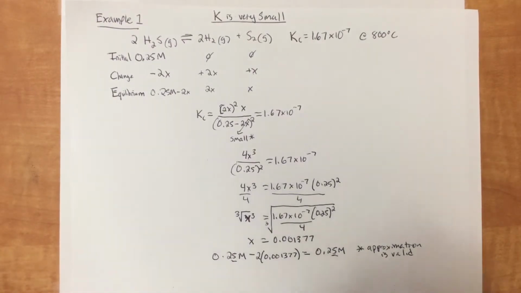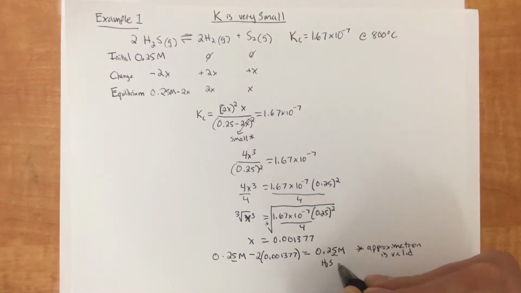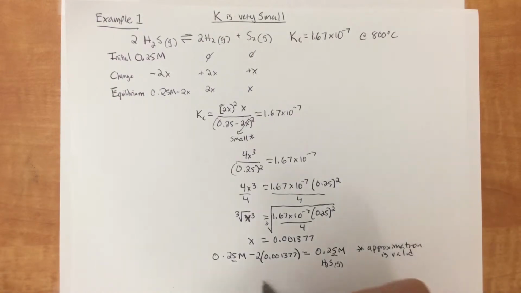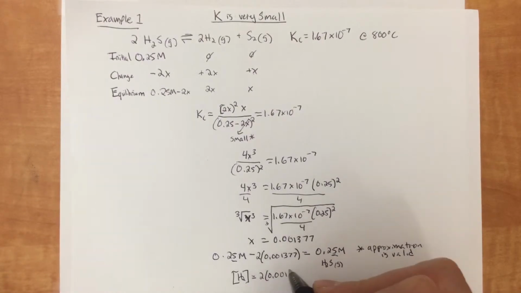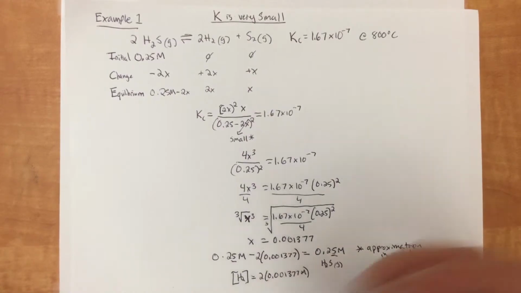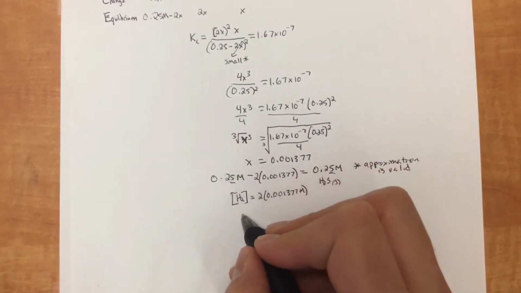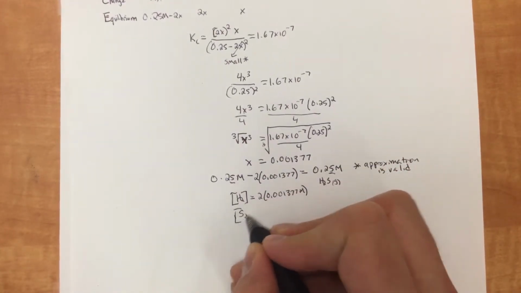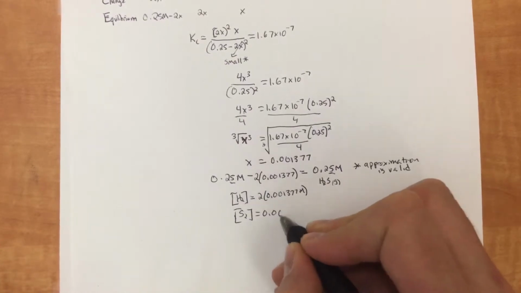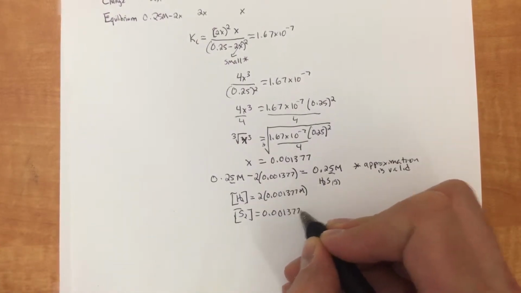Solving for our other concentrations, 0.25 is our concentration of H2S gas. We find that H2 gas has a concentration of 2 times 0.001377 molar, and S2 gas has a concentration of 0.001377 molar.